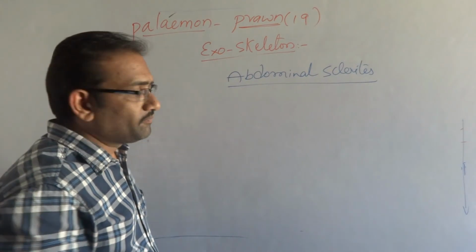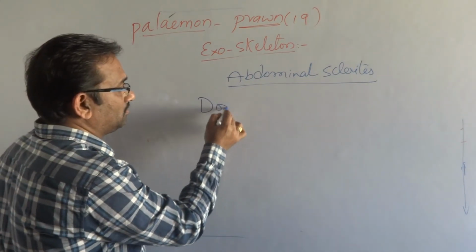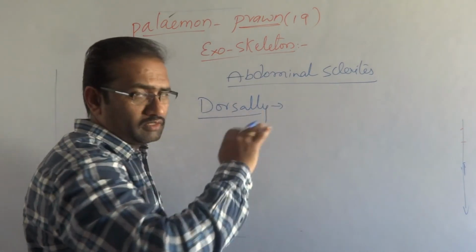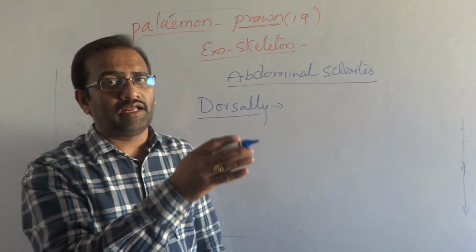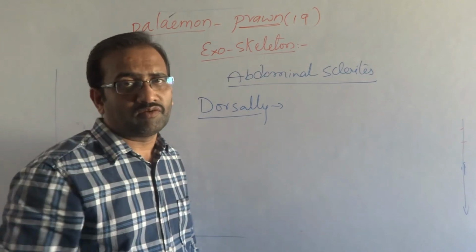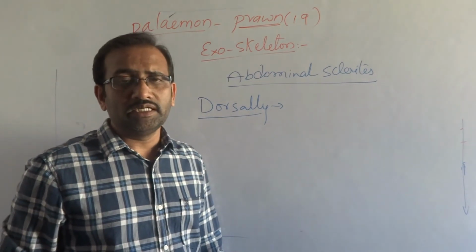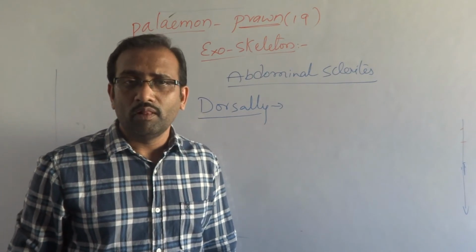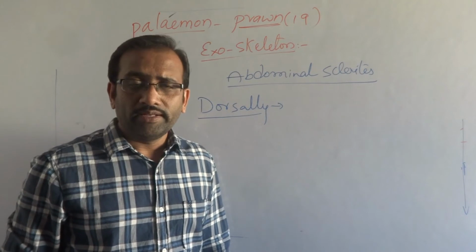The sclerites present in the abdomen are the abdominal sclerites. Dorsally, the cuticle covers the sclerites on the dorsal surface of the six abdominal segments. Each of the six segments on the abdomen is movable by the arthroidal membrane.